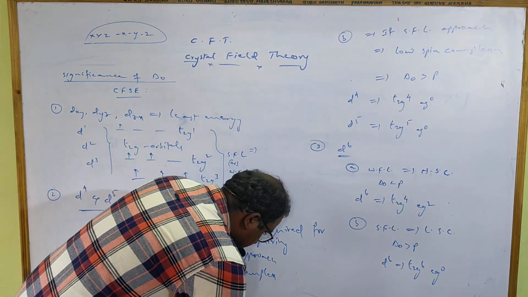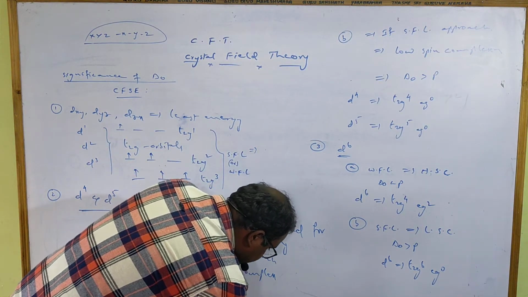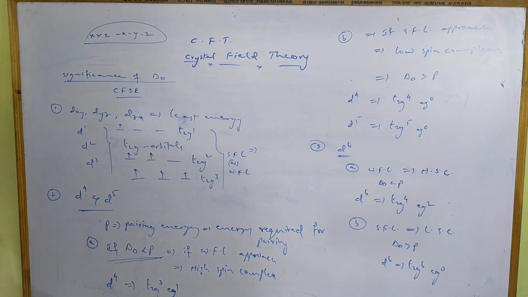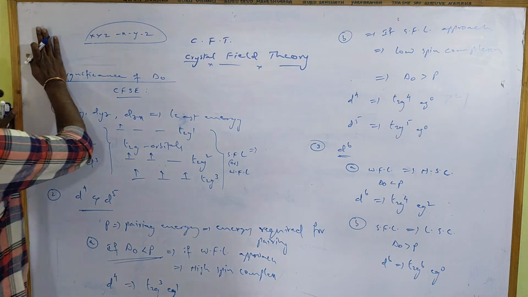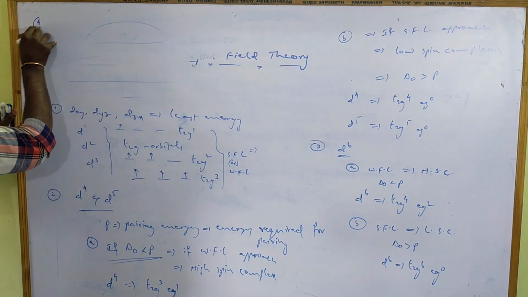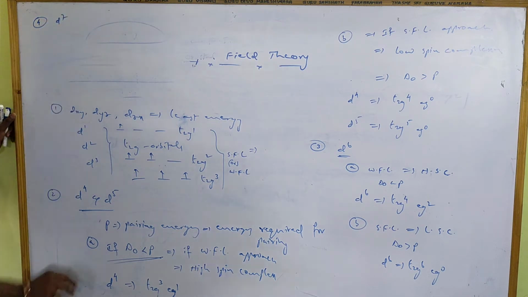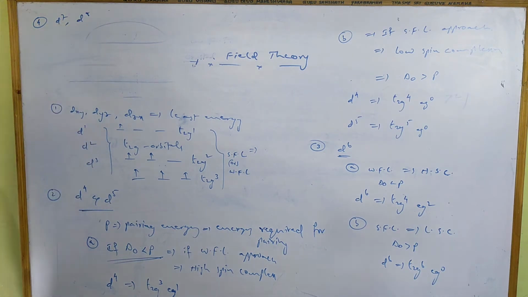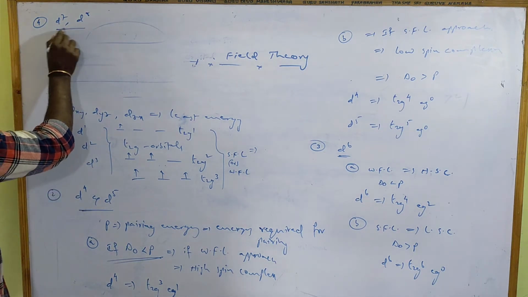After that, if you see D7, for D7, D8, I am writing here the fourth one. The fourth one for D7 and D8 configuration. Let me write for these two.